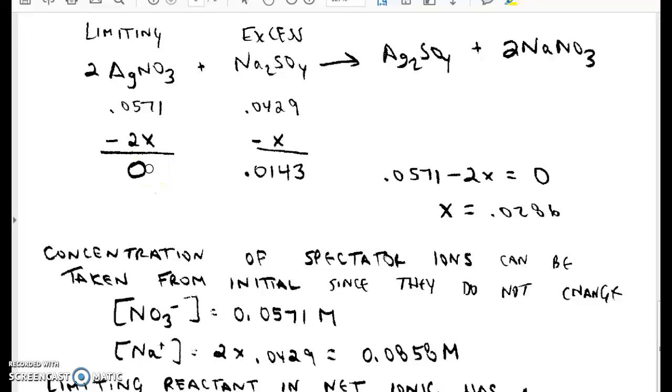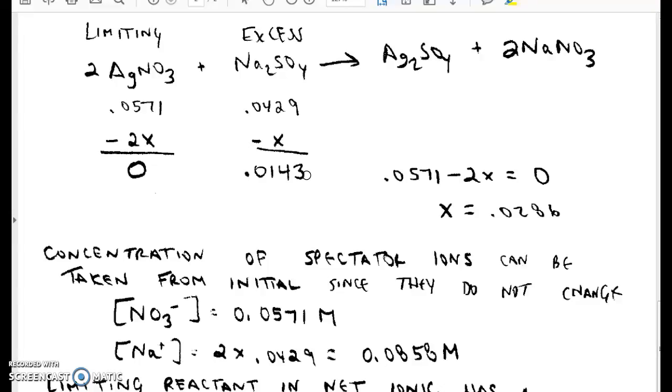So from that information, I know that whatever I start with, the 0.0571, minus what I've used up is going to be equal to 0, and that allows me to solve for my x. Once I have my x, then I can figure out how much of the excess reactant has been used up, and therefore how much of the excess reactant, and in particular really the excess ion in the precipitate, is remaining.